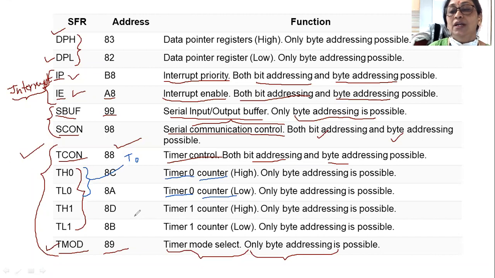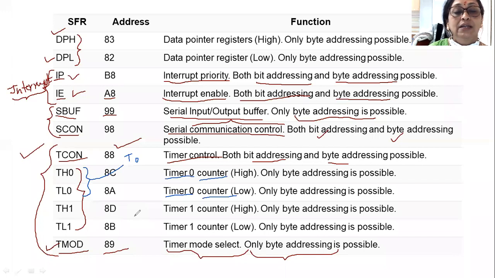In order to set a timer, you have to use a counter, and you can write data for the counter in these TH0 and TL0 registers. TH means higher order byte and TL means lower order byte.